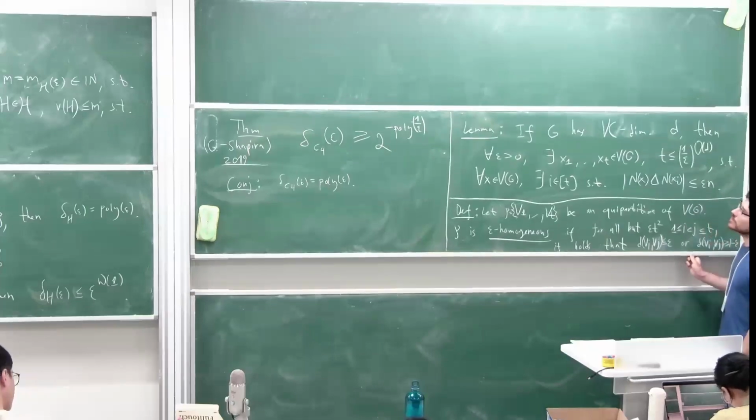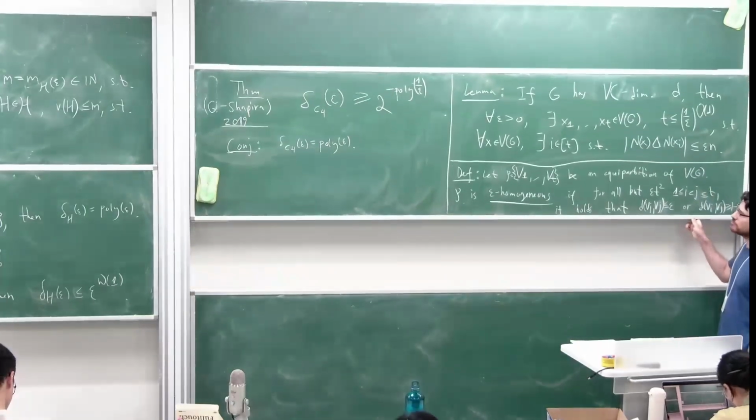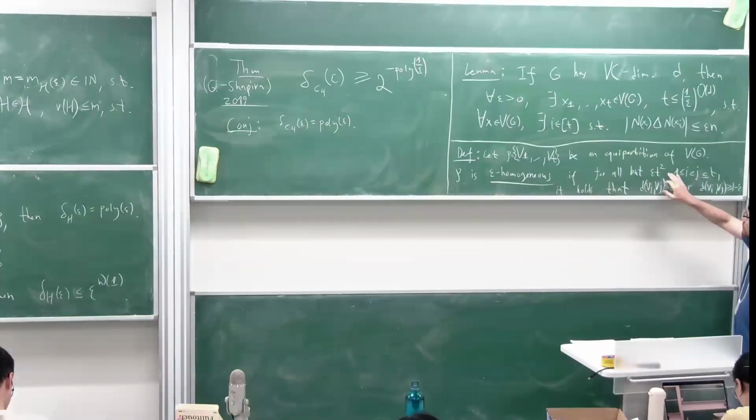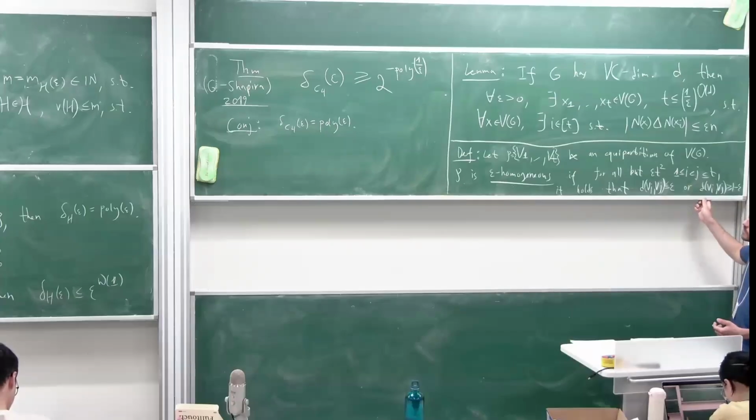So this is quite a strong property. We require that for almost all the pairs, the density is very close to 0 or very close to 1. So this is called epsilon homogeneous.